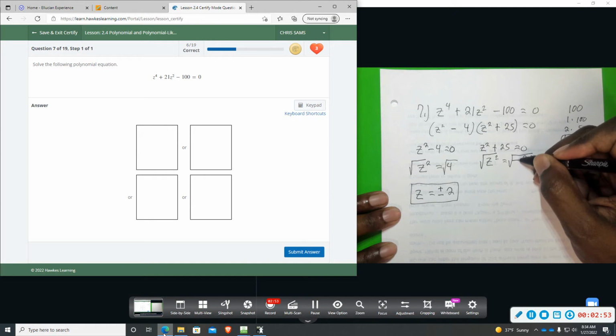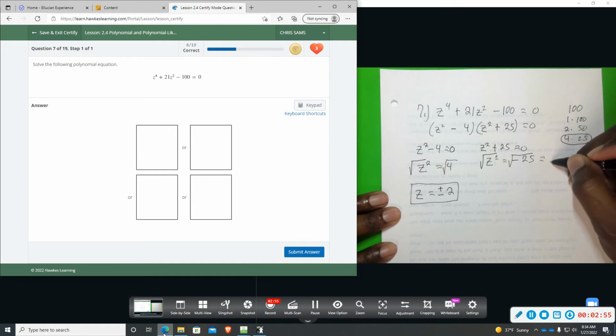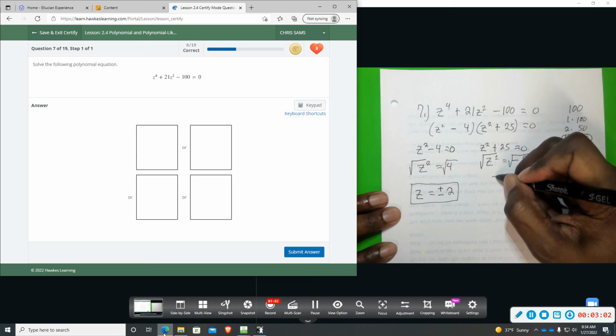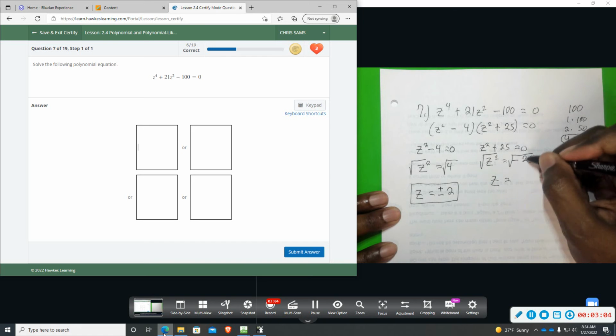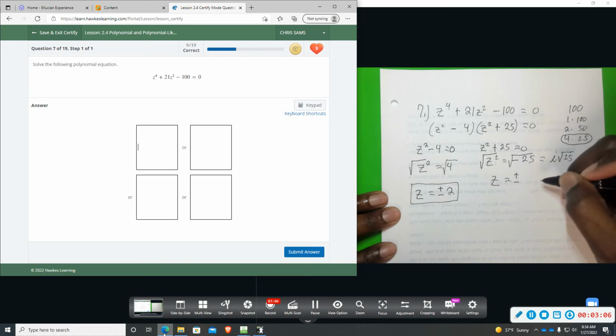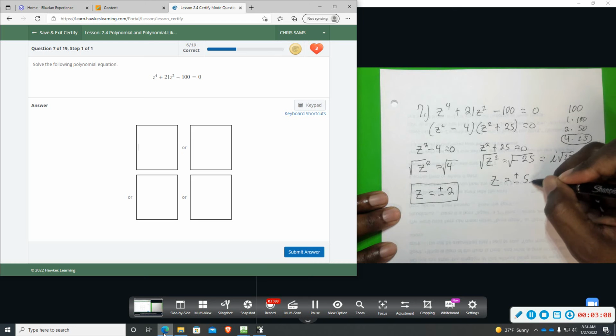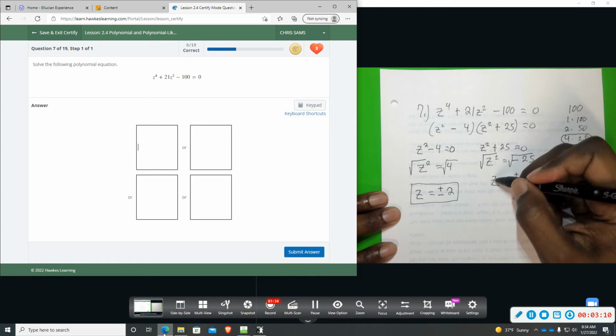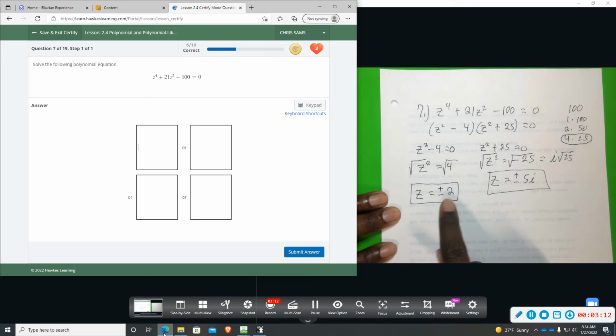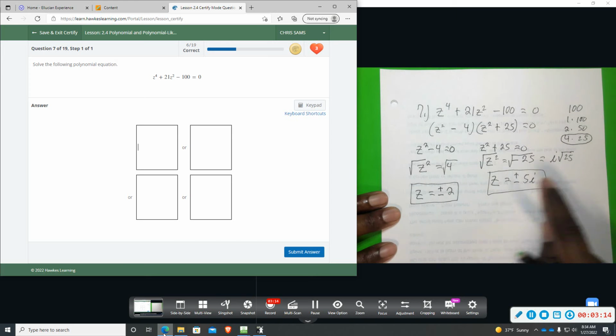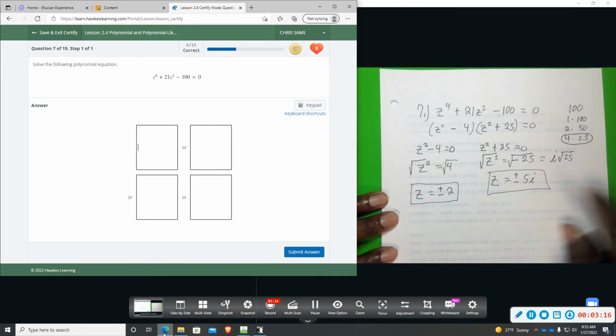Now, because of the negative under square root, this is going to become imaginary. Square root of 25 is 5. So we get z equals, and then also remember your positive or negative 5i. So we have 4 solutions. We have positive 2, negative 2, positive 5i, and negative 5i.